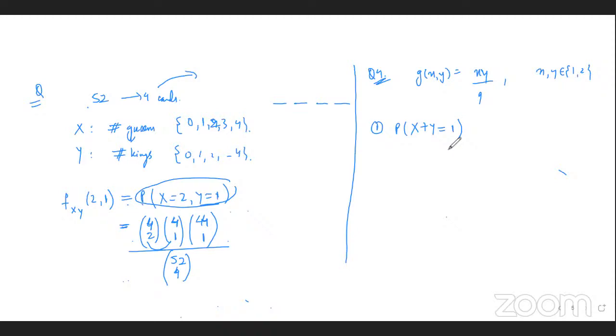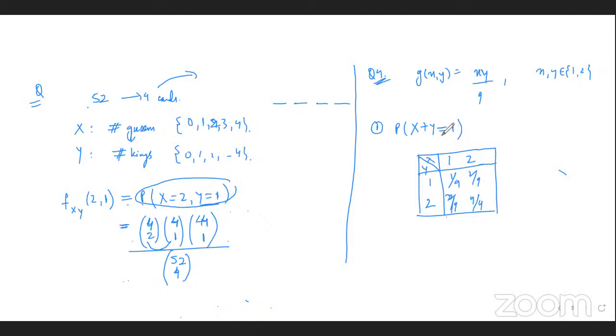Whenever you have the joint distribution function given to you, just make a joint distribution table. So x is there, y is there. X is taking the values 1, 2. Y is taking the values 1, 2. The joint distribution table is 1 by 9, 2 by 9, 2 by 9, and 4 by 9.